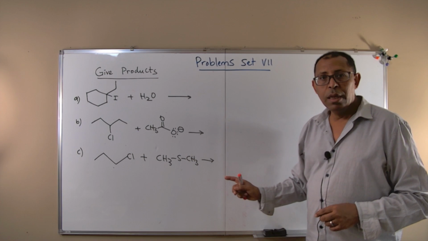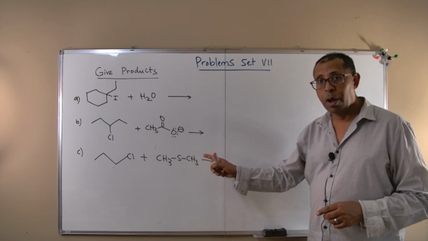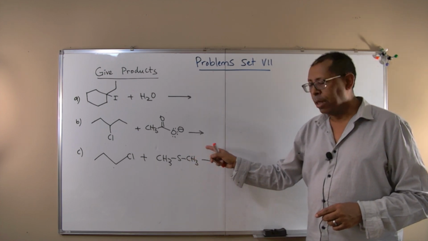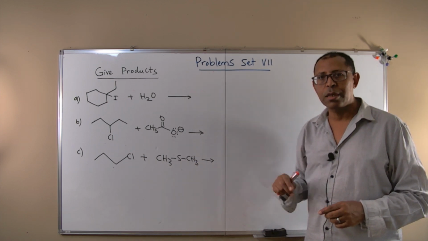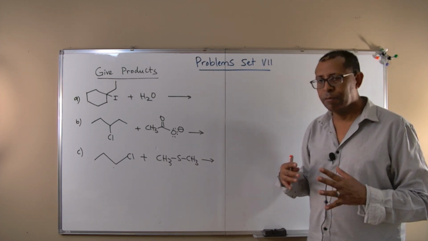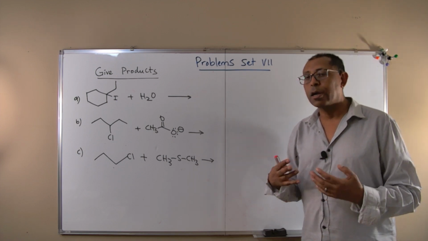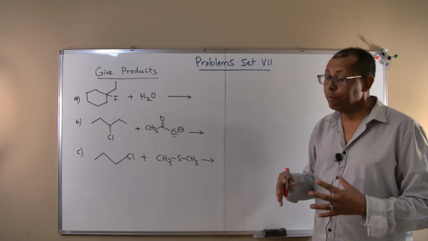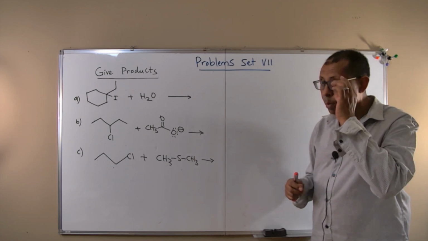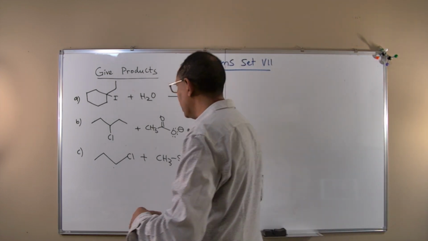Remember this. This is also another neutral molecule, but the actual nucleophile is the methyl sulfide minus anion. So I will give you the product and you'll start to learn the type or the nature of the nucleophile. Some of it is just memorization of the nucleophiles.